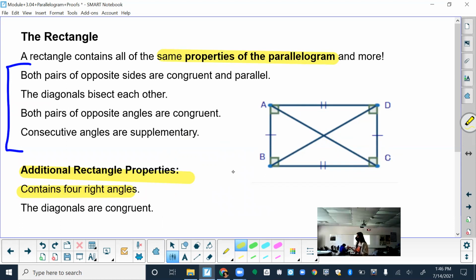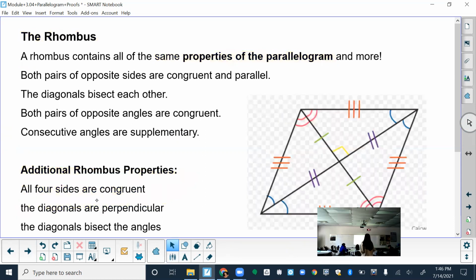Before, in the parallelogram, the diagonals weren't necessarily congruent. In rectangles, they are. Questions about that? All rectangles are parallelograms, but not all parallelograms are rectangles. So just be able to distinguish between the two.